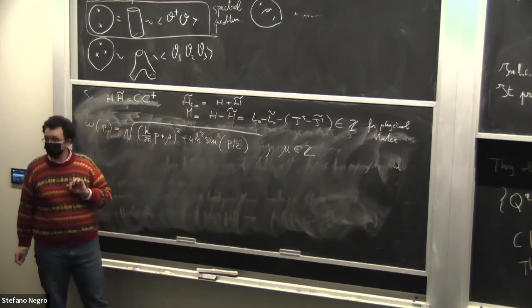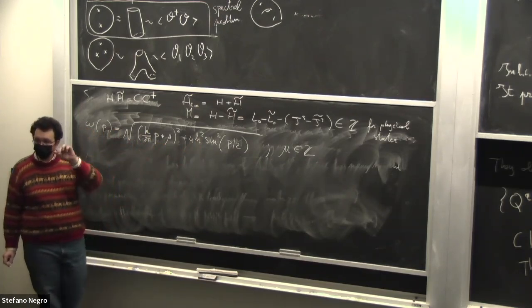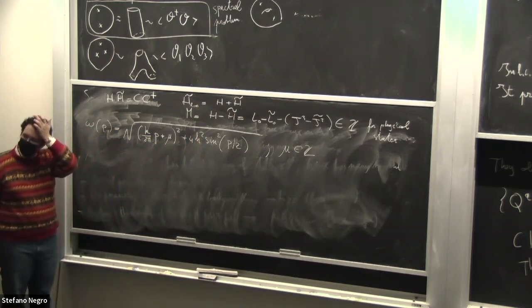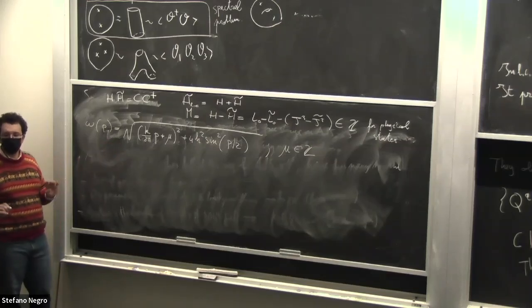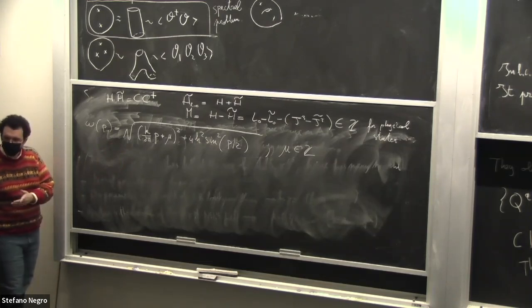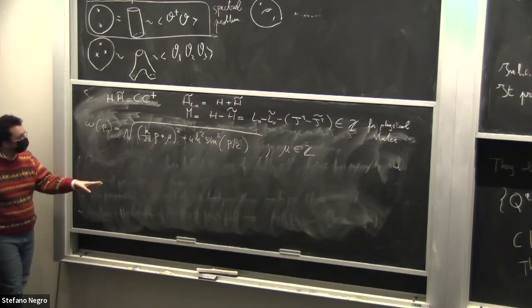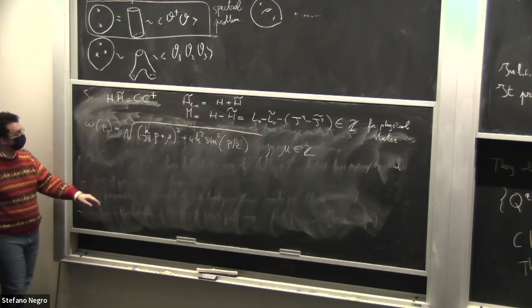Is this like a Stueckelberg sort of combination? I don't know. I've not seen this particular combination in this context, so maybe you can tell me a bit more later.